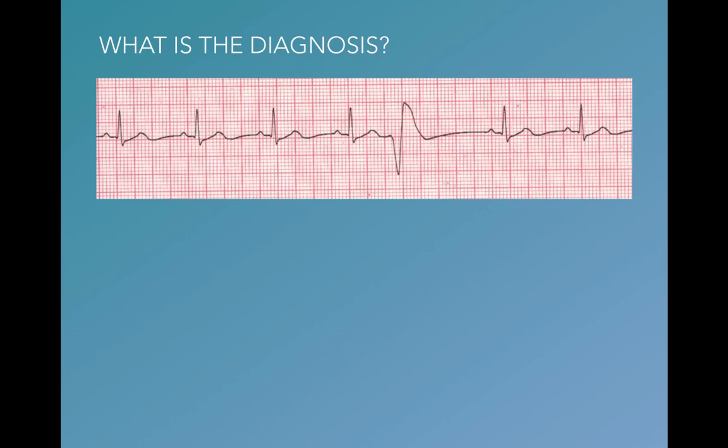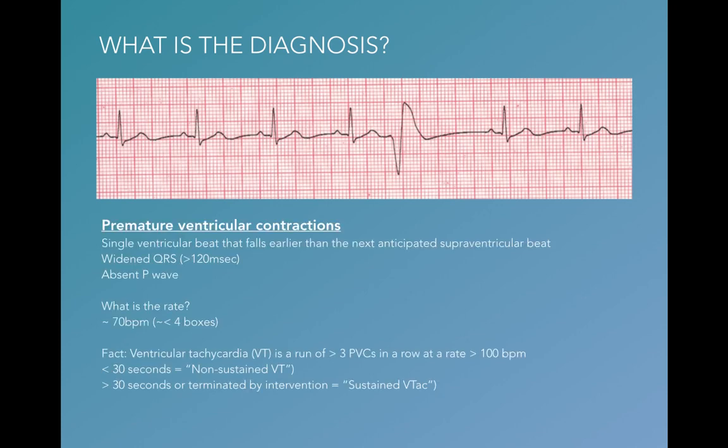So this is what's known as a PVC. And this should make sense, right? Because it's from the ventricle, so there's no P wave. Ventricular conduction is slow, so that's why you see this wide QRS complex.